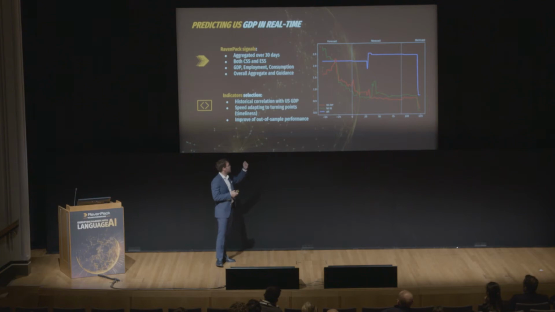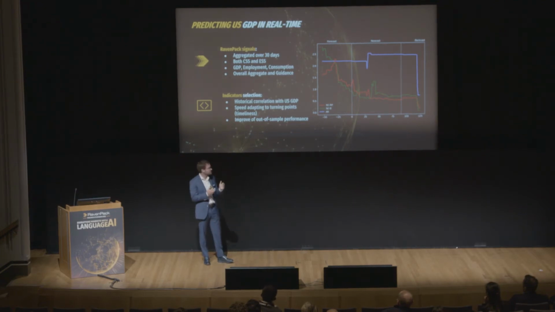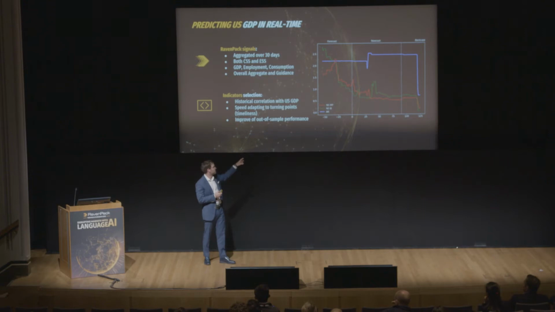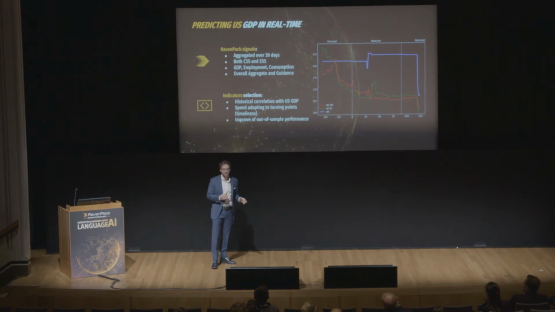And what we can notice, we basically compare two models. The blue one is a simple autoregressive model, so that's the worst one. And then we create a nowcasting benchmark model, that is the green line, that uses only macroeconomic variables. And we use the same model by adding RavenPack Analytics, that is the red line.